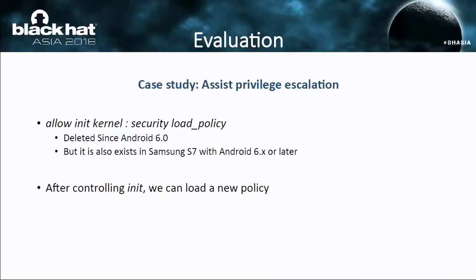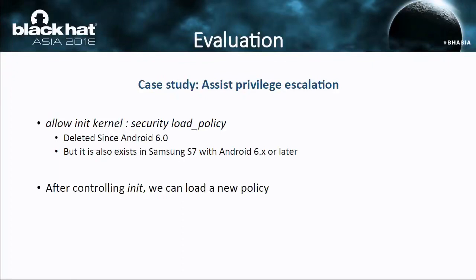Here we also want to show an example. How can we leverage such situations to assist privilege escalation? We have one rule: allow init to load policies. Such a rule was deleted starting from Android 6.0. But we found it in our study, because our study has a very long span.